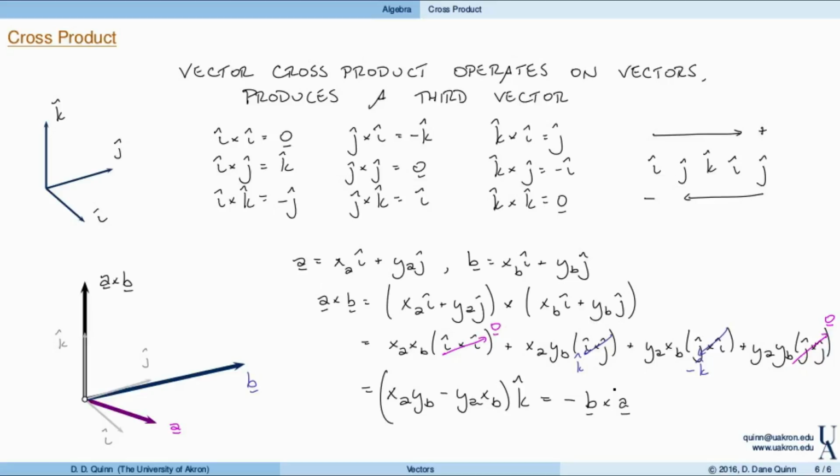So this is just kind of a short introduction to vectors. We've talked a little bit about what they are and have described some of the standard operations, including vector addition, scalar multiplication, the dot product, and the cross product.